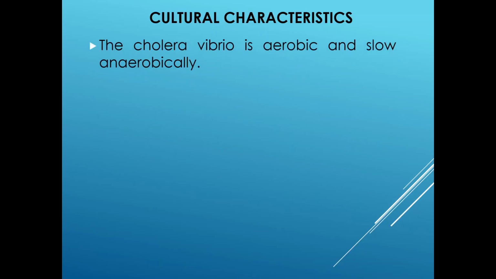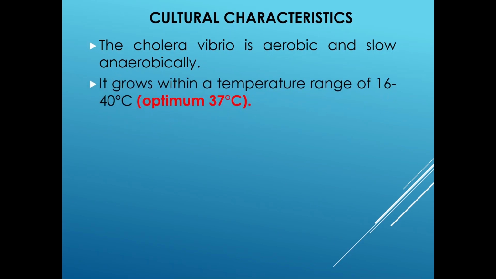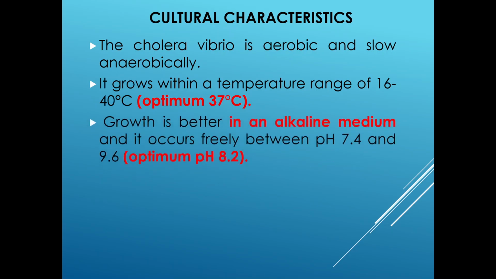Cultural characteristics: Vibrio cholerae is aerobic and grows slowly in anaerobic conditions. It grows within a temperature range of 16 to 40 degrees, with optimal cultivation at 37 degrees.